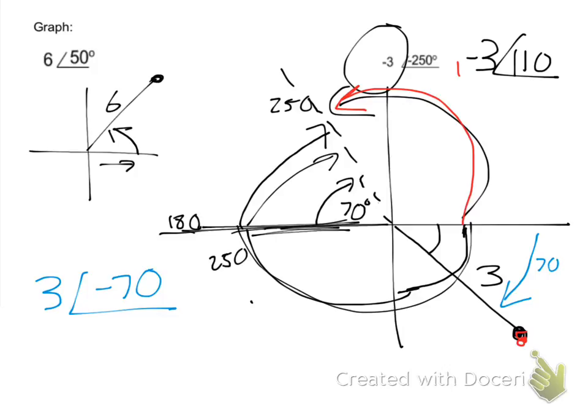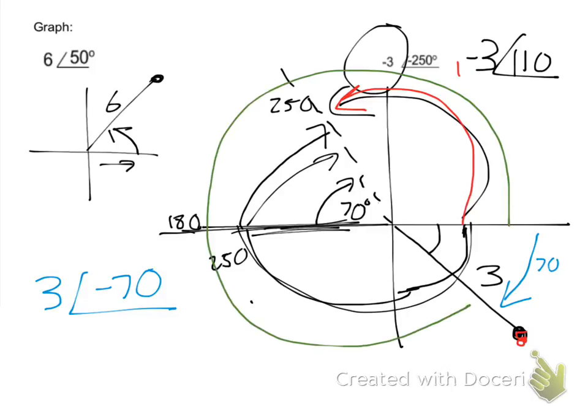Now wait a minute, guys. What if I didn't want to walk backwards again, but I wanted to go all the way around this way? How far would that be and still walk forward 3?